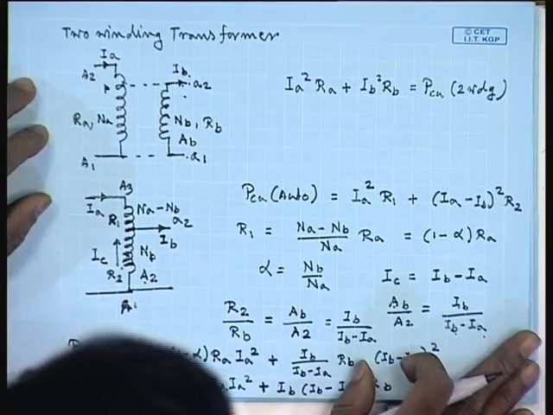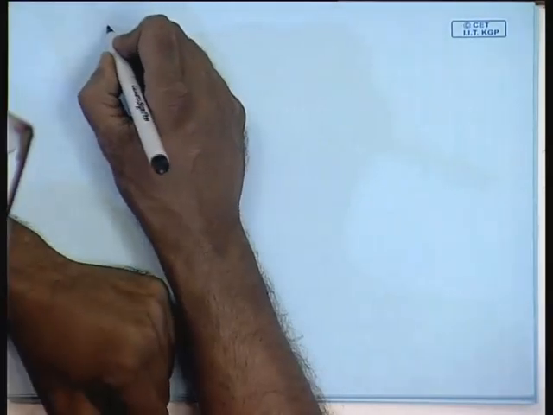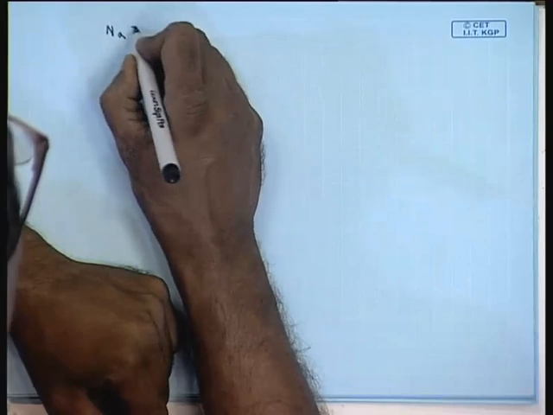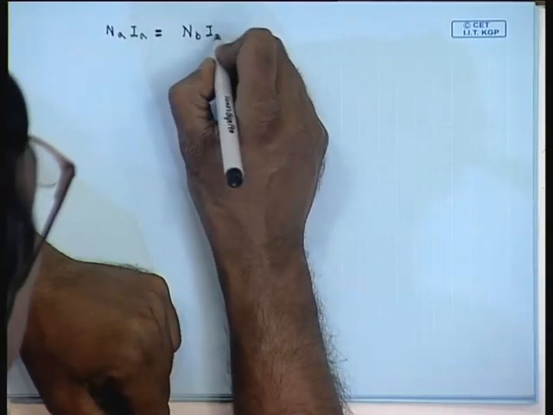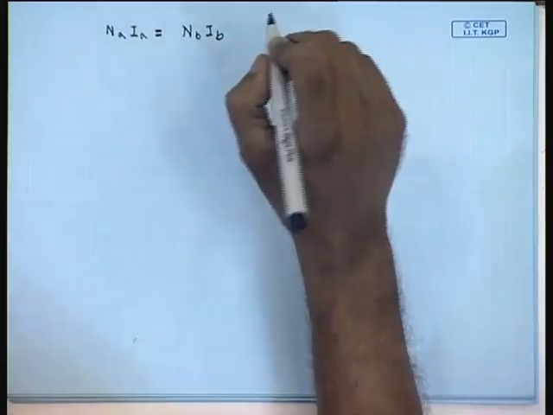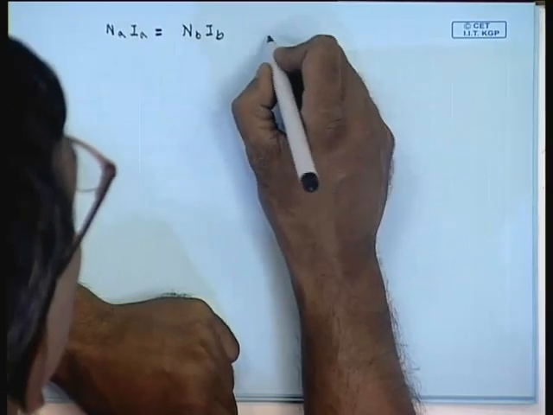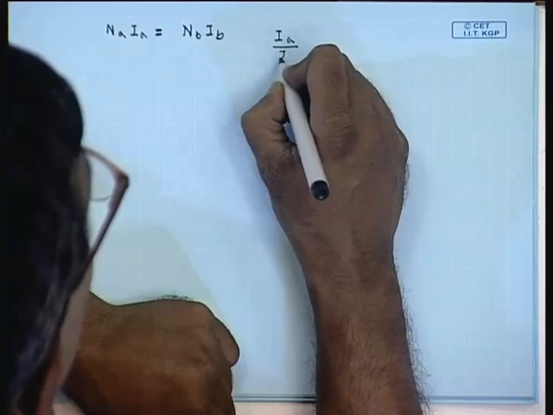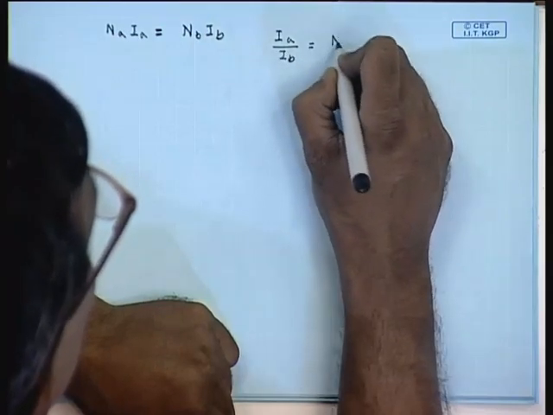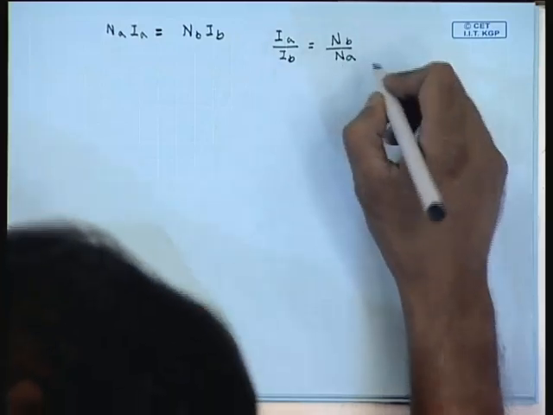But if we neglect the magnetization current, then NA IA equal to NB IB. Hence, IA by IB equal to NB by NA equal to alpha.